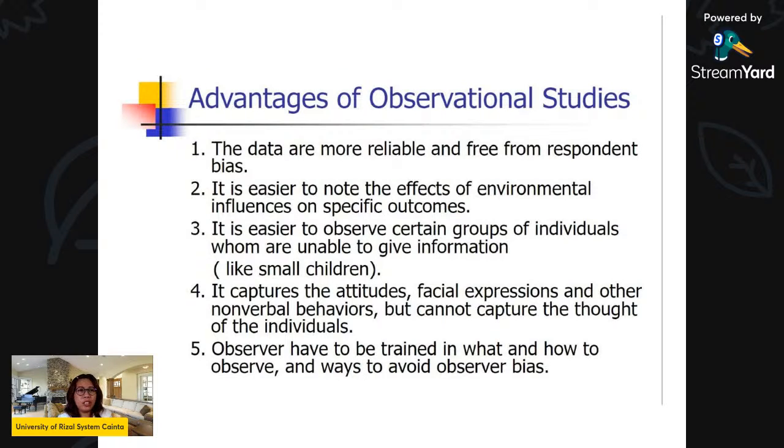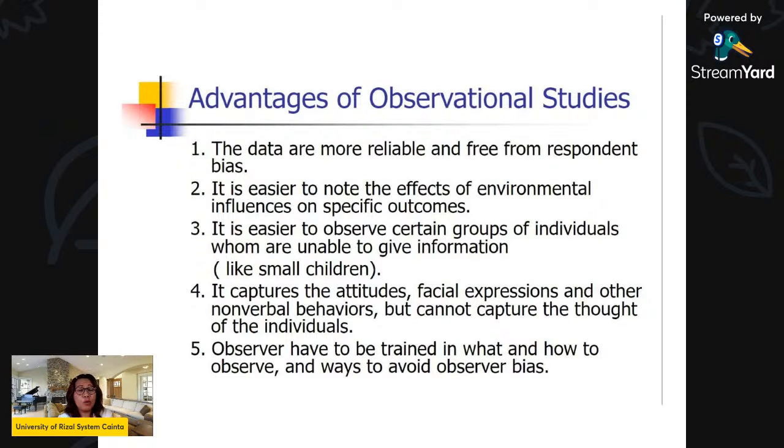So, ano ba ang advantage ng pagkakaroon ng observational studies? Number one, the data are more reliable and free from respondents' bias. Number two, it is easier to note the effects of the environmental influence on specific outcomes. Number three, it is easier to observe certain groups of individuals who are unable to give information, like small children particularly.